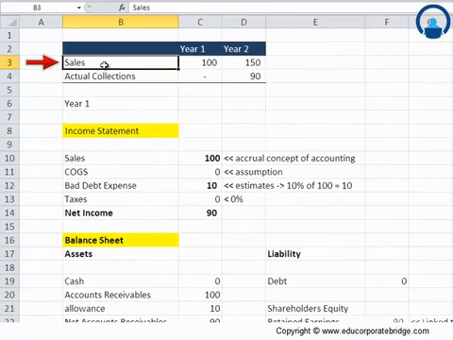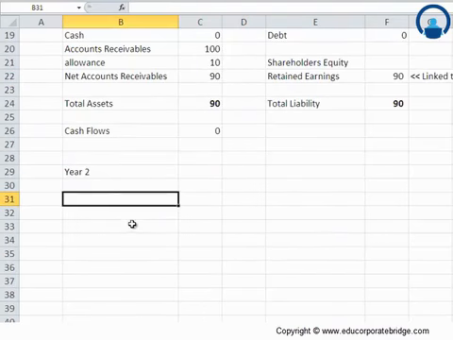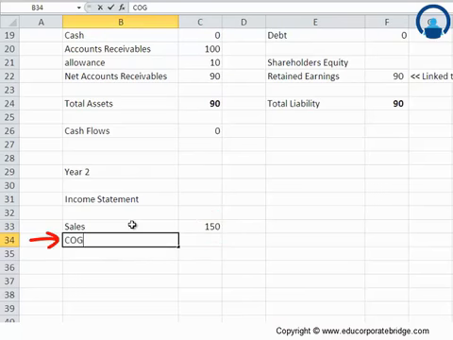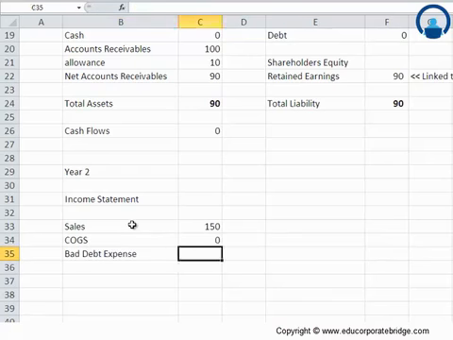In year 2, sales is $150 and actual collections is 90. So let's draw the income statement. Sales as given is 150. COGS would be 0. Obviously we have assumed that there is no cost of goods sold, and bad debt expense here would be the management's estimate of the allowance.